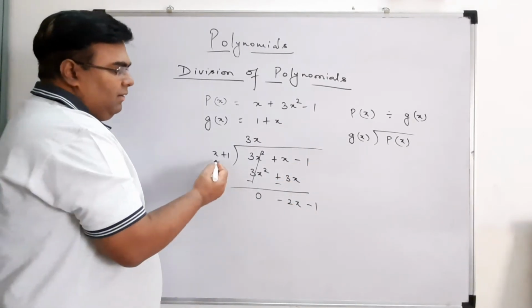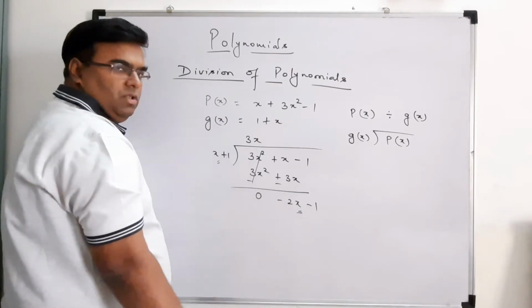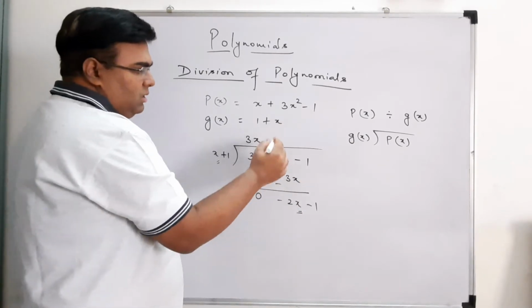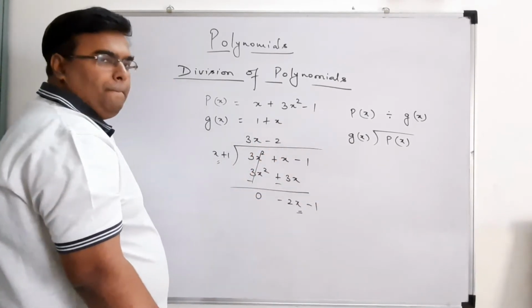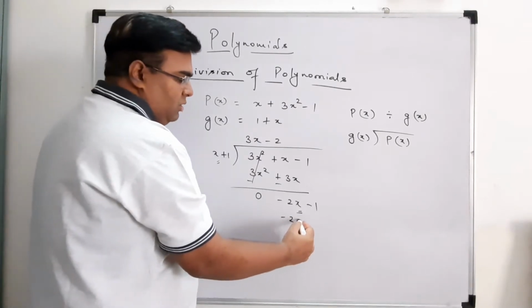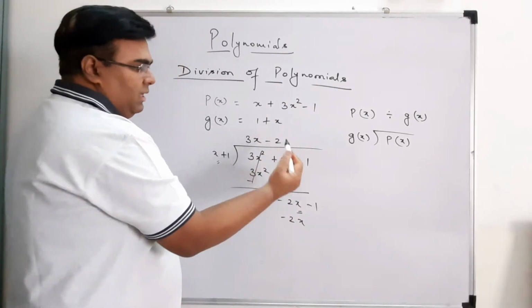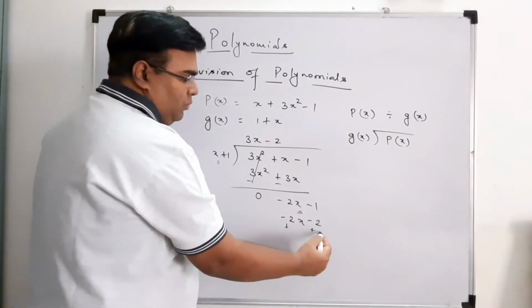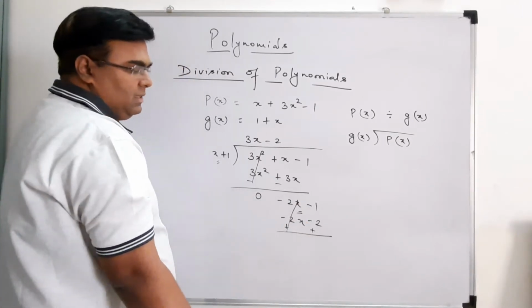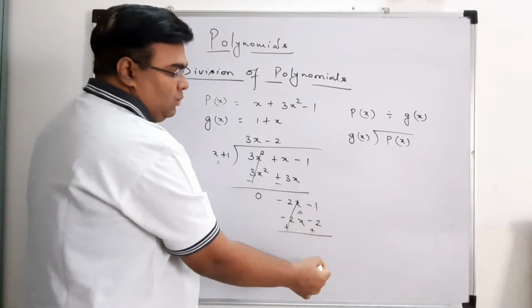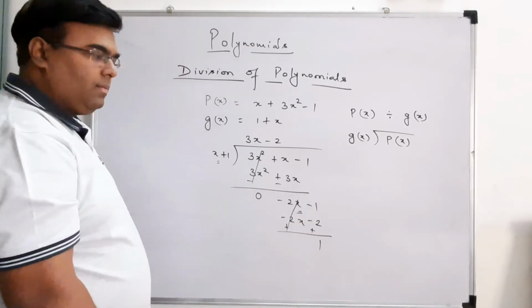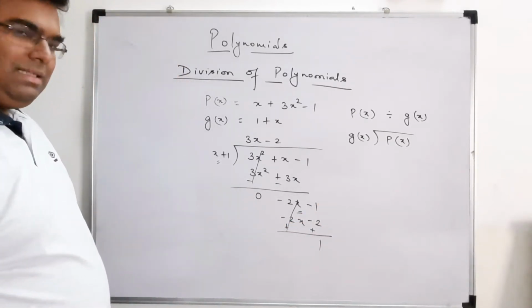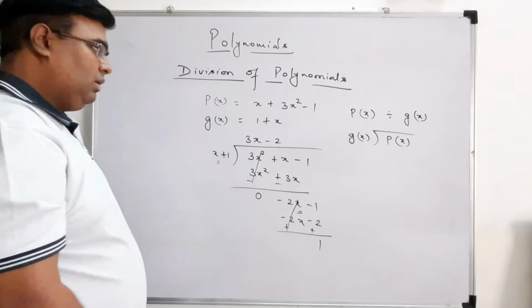Next again we will check the first terms, x and minus 2x. So here it will be minus 2. So minus 2 times x plus 1 is minus 2x minus 2. Opposite signs cancel out. Plus 2 minus 1 is 1. Okay, so in this long term division, what is this called?